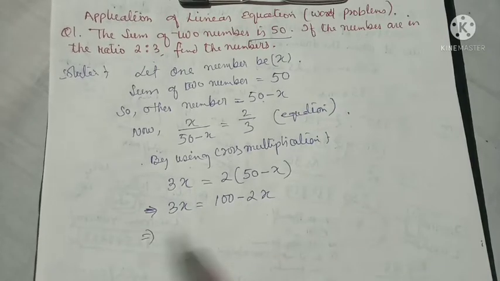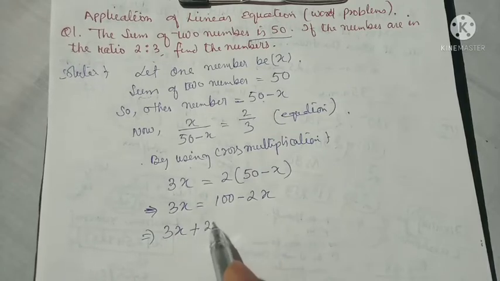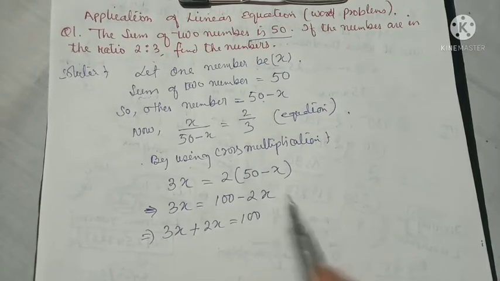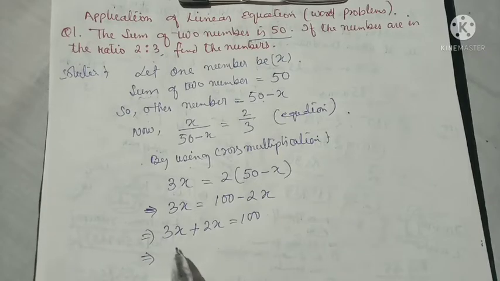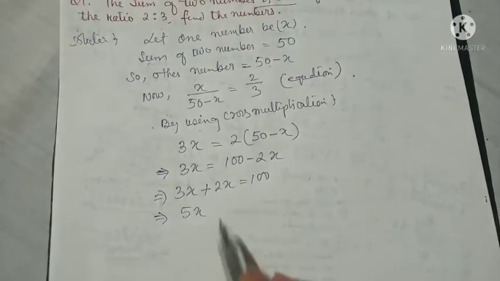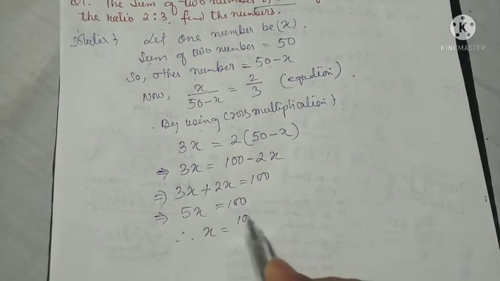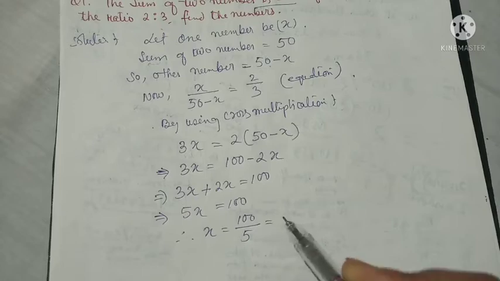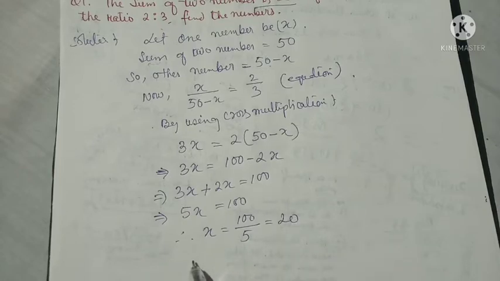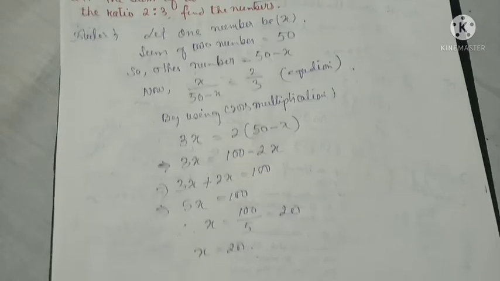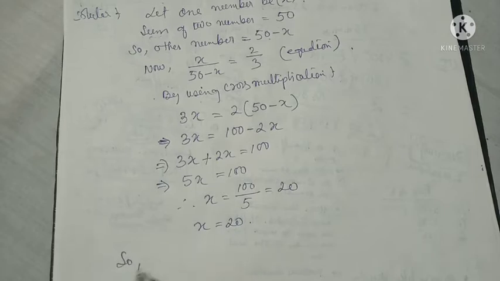The variable x will go to this side, transferring as plus 2x. 100 will remain on the right hand side. Then 5x equals 100. The value of x is 100 by 5. What is the answer? 20. The value of x is equal to 20. Now the two numbers.